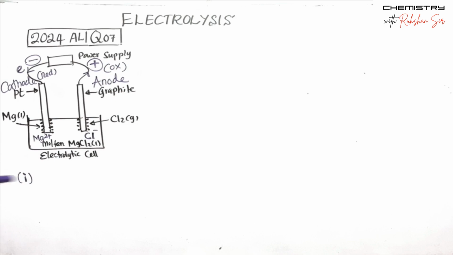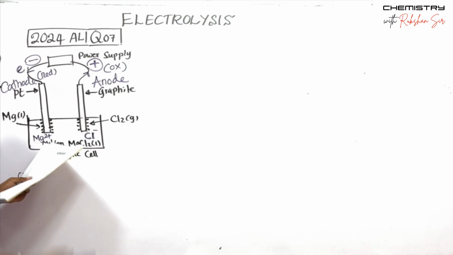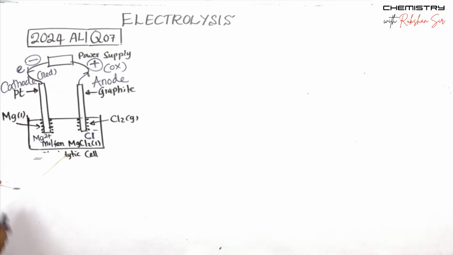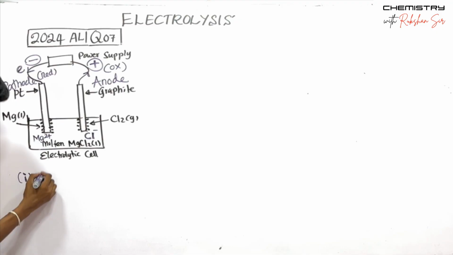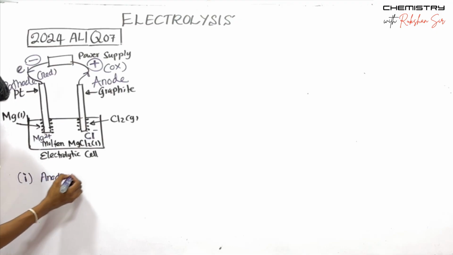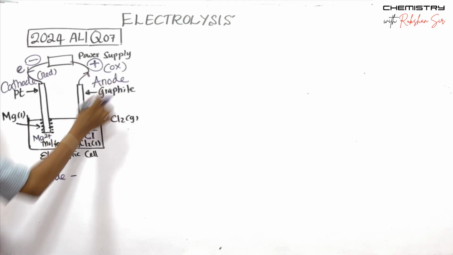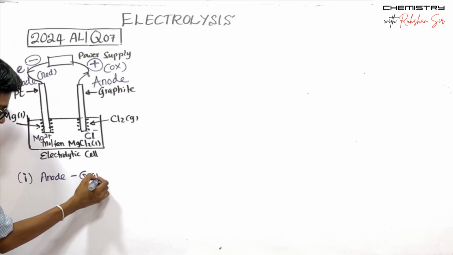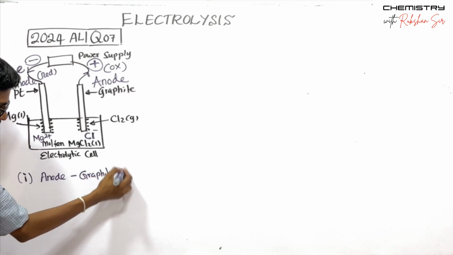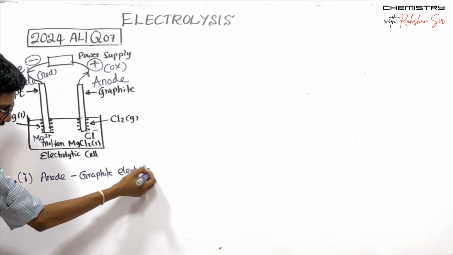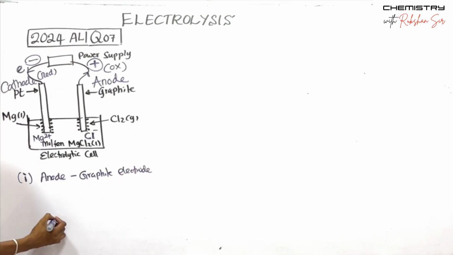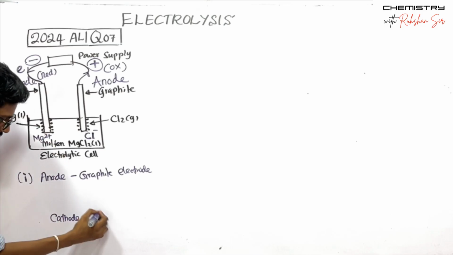Right, let's answer the question. Identify anode and cathode. The anode is your graphite electrode, and your cathode is your platinum electrode.